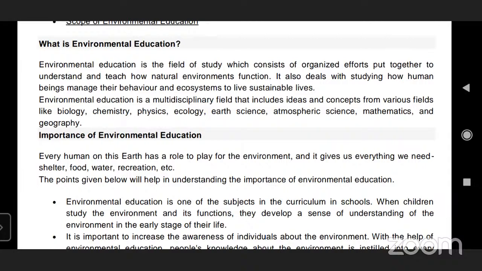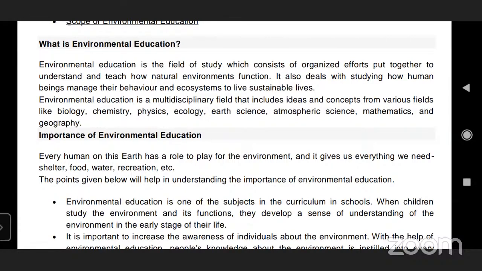In this education, we are going to learn and study about the environments. It also deals with studying how human beings manage their behavior and ecosystems to live sustainable lives.